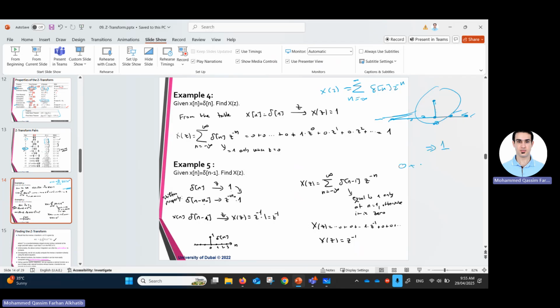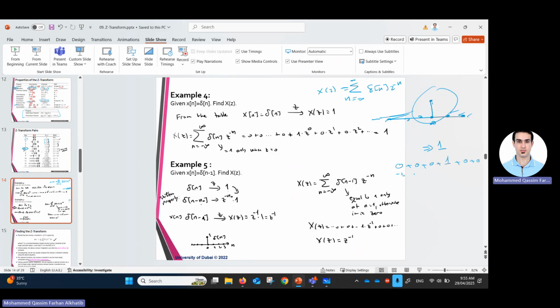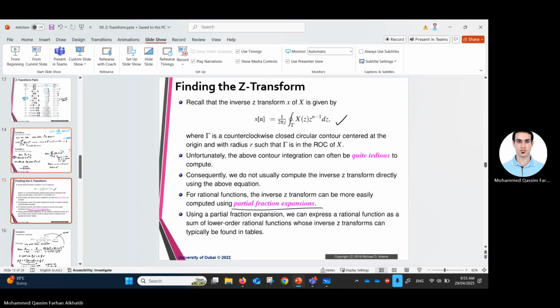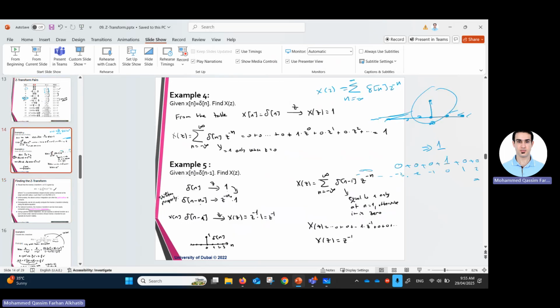Or you can say 0 plus 0 plus 0 plus 1 at the center plus 0 plus 0, and so on. So that's negative 3, negative 2, negative 1, at 0, 1, 2, from negative infinity to infinity, and so on. And that's it. So immediately you can say like this.